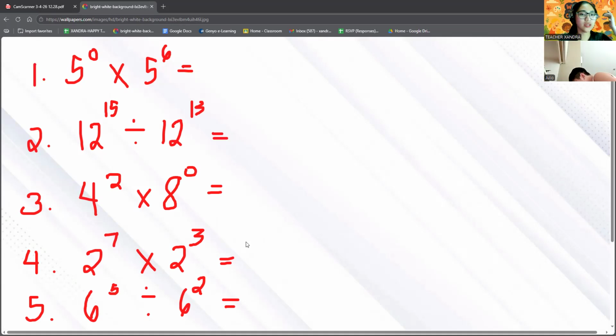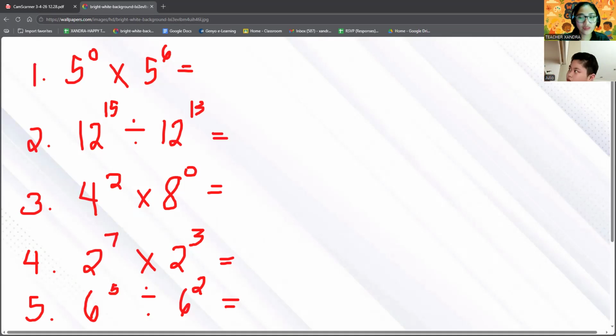Okay, let's start with solve the product or quotient, simplify, and solve. Again, if this is a 0, when it comes to a zero exponent rule, the answer is always 1.